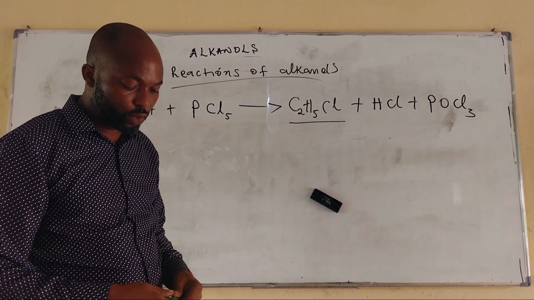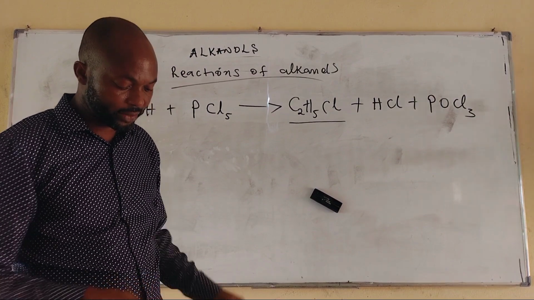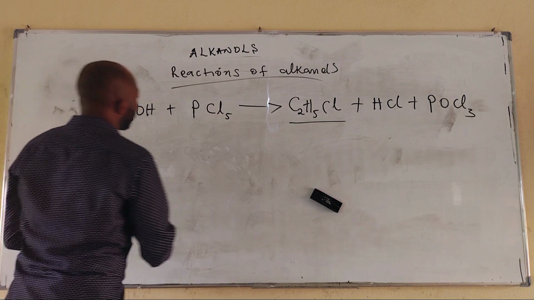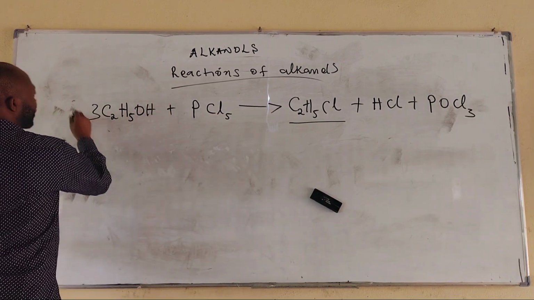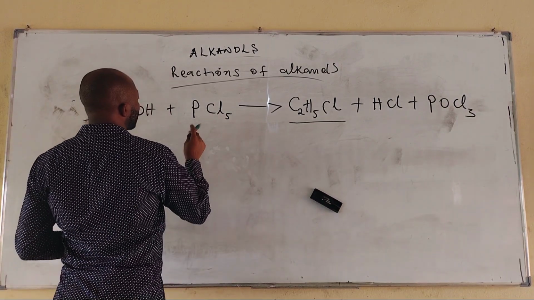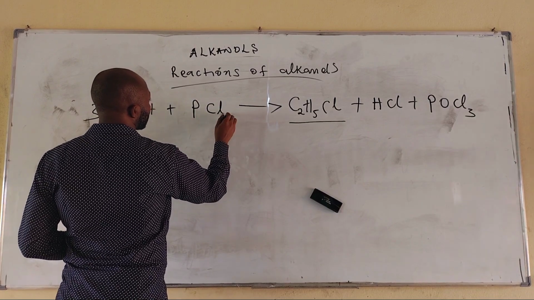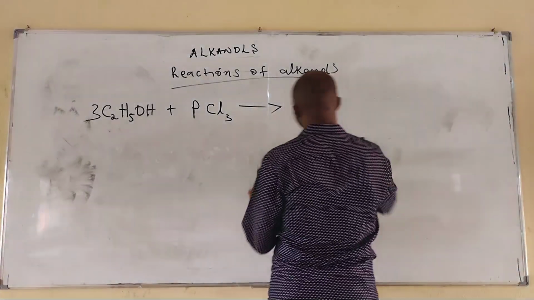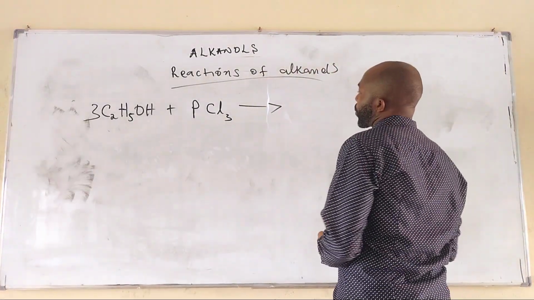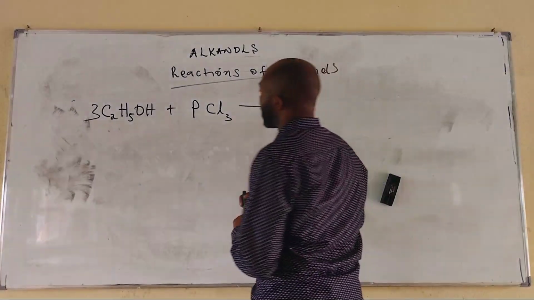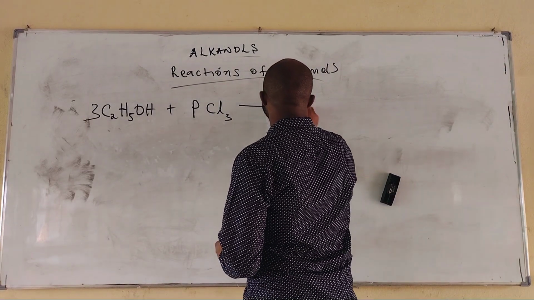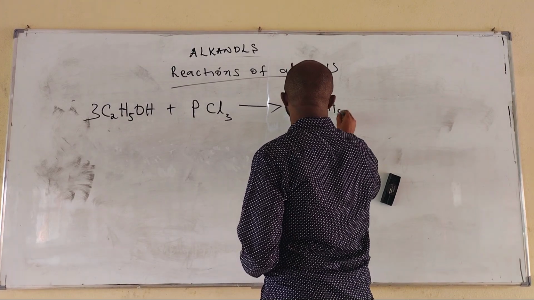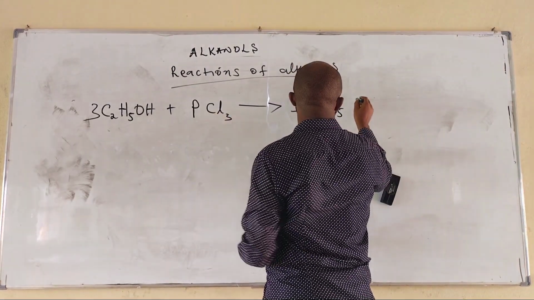Let's take the reaction with phosphorus trichloride. 3 moles of ethanol with phosphorus trichloride. What do we get? It's still going to give us 3 C2H5Cl.